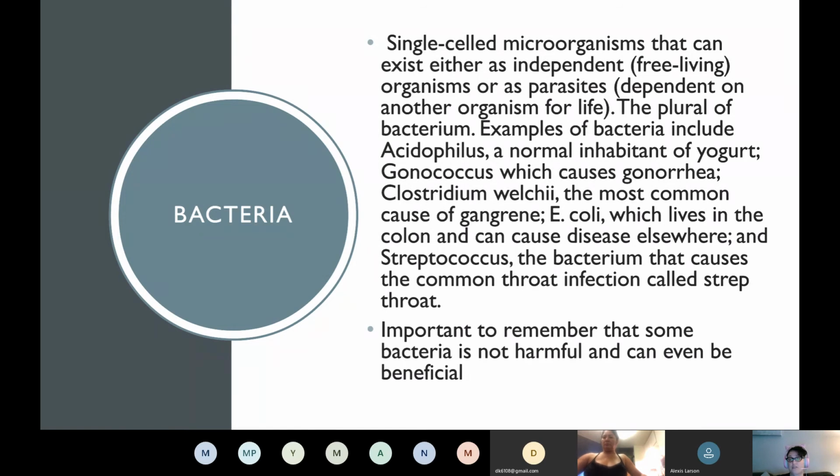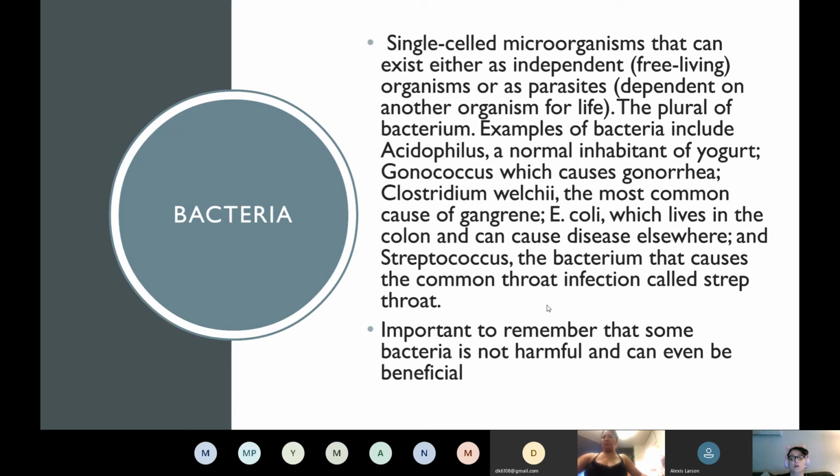They don't have to have a host like a parasite does. All right? They have the ability to freestand. This is why bacteria can live on surfaces for quite some time.